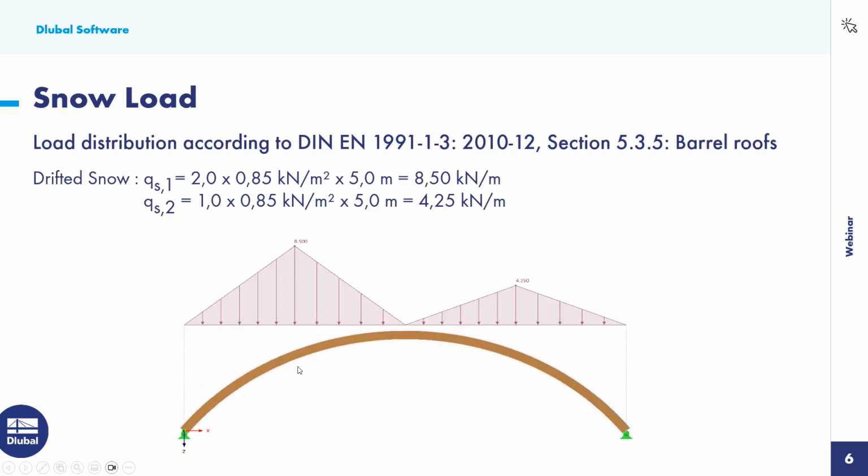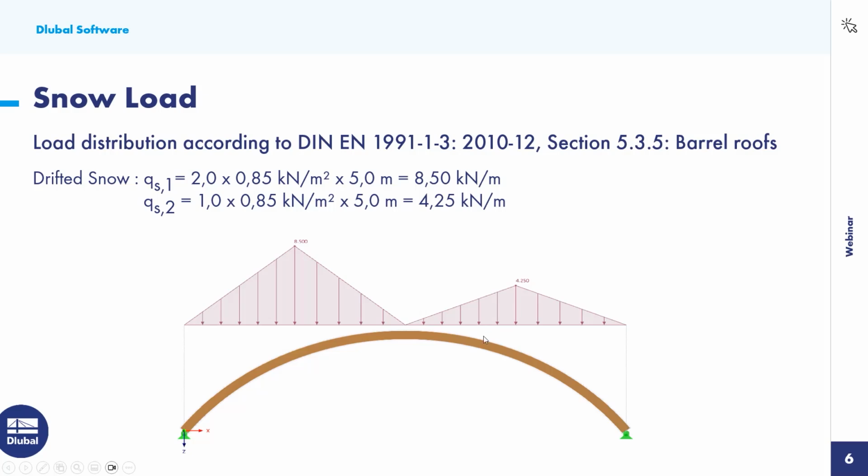For the drifted snow, of course, we have different form coefficients. Here we have a 2.0, which will equal 8.5 kilonewtons per meter, and as a second part, half of it.